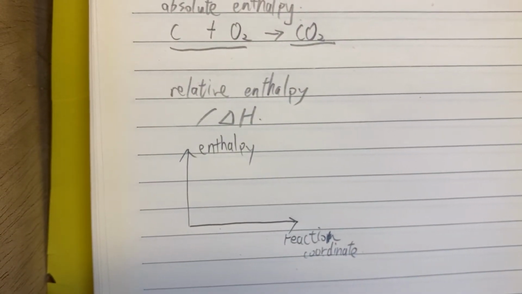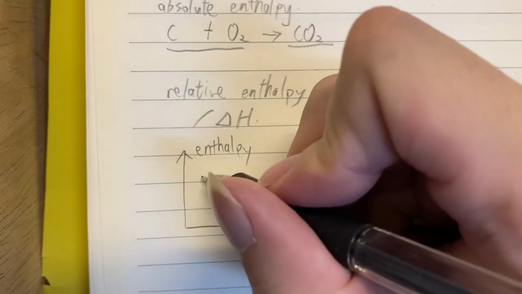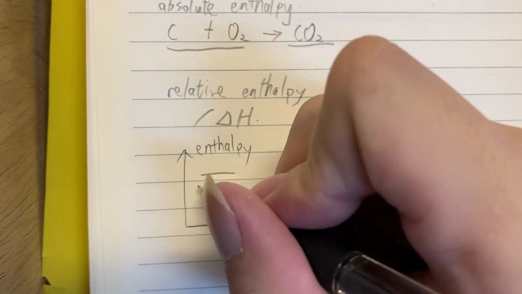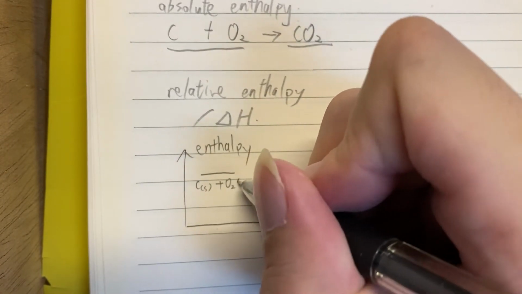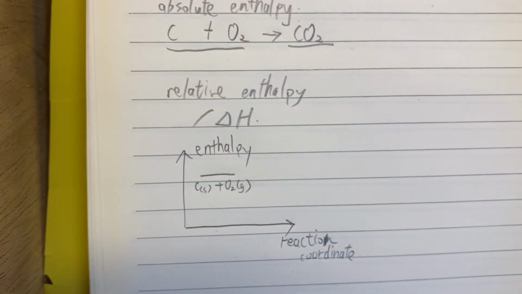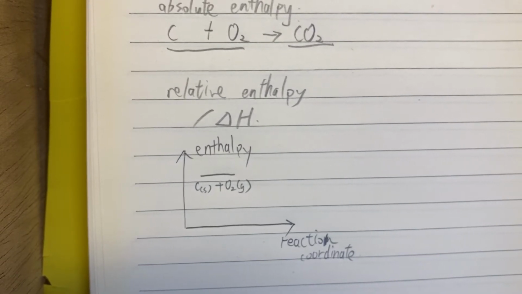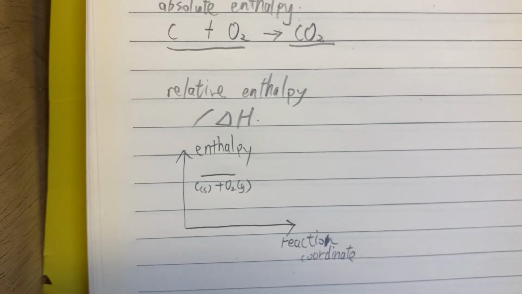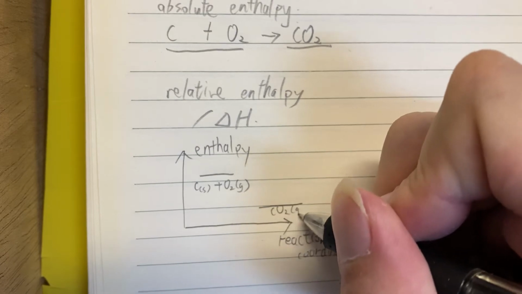If I use the burning of carbon as an example, originally we have carbon in solid state and oxygen in gaseous state. And after burning, as you may know, it releases heat, so that in winter you can keep warm by burning some charcoal. And after the reaction, carbon dioxide is formed.